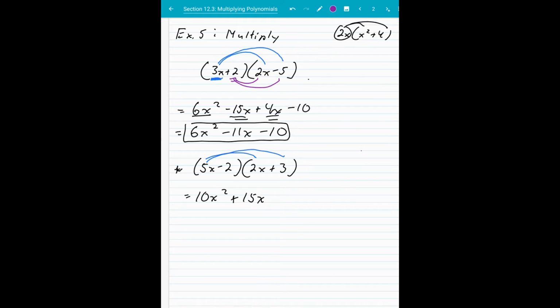After the first one is distributed to everything, distribute the second one to everything. That gives us negative 4x minus 6. The multiplication process is done. Now go ahead and simplify. We can only combine these two numbers, so it'd be 10x squared plus 11x minus 6.